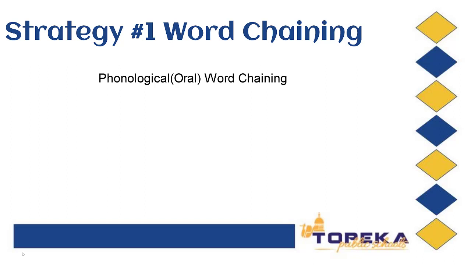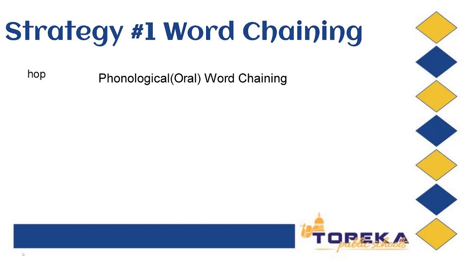The first one is called word chaining. And the first thing that we could do with word chaining is to work on it on an oral level, meaning that we could work on the sound level. Word chaining would look something like this. You'll come up with a list of 10 words where we are changing a phoneme within the word. So for example, we could start with the word hop.